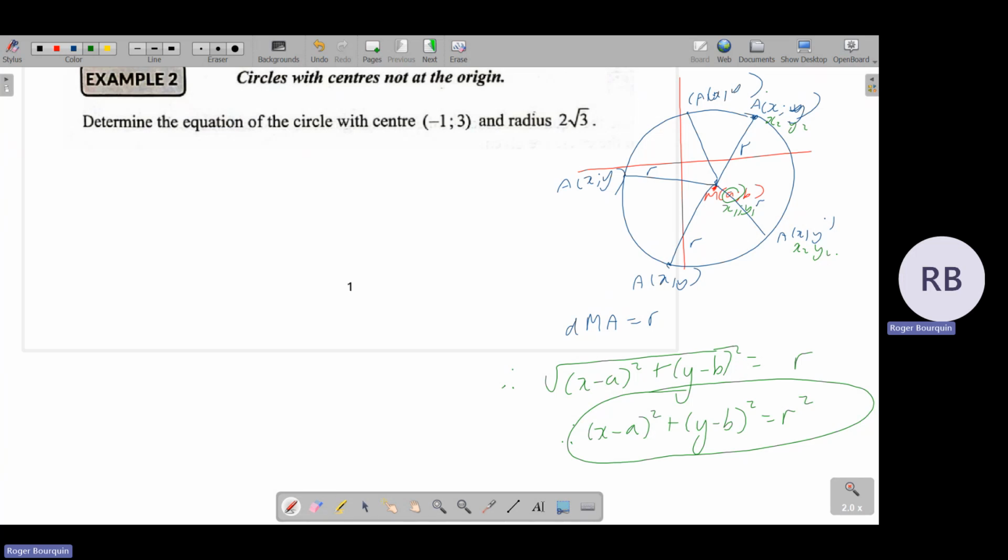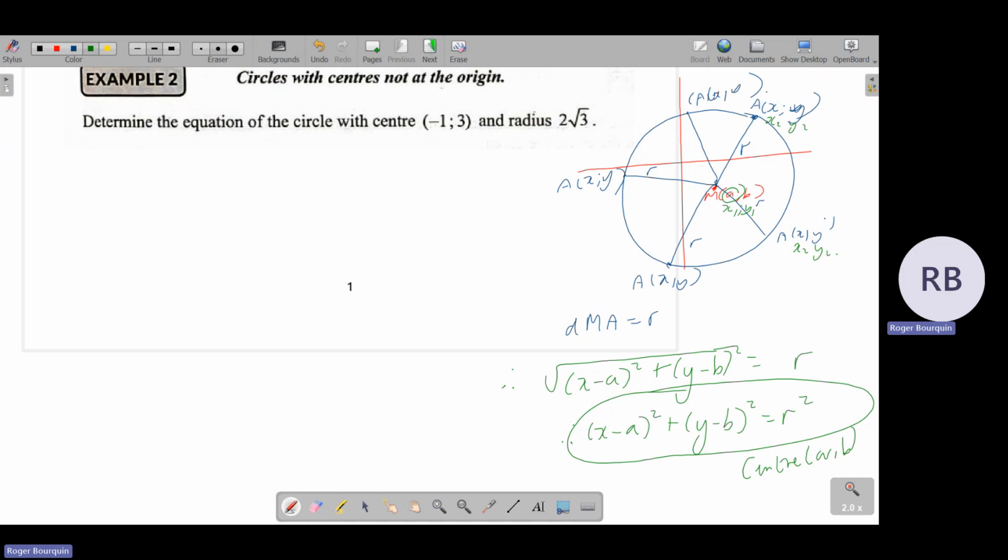The coordinates of the center, right? So with center AB, what do X and Y stand for? The X and Y coordinates of any point on the circumference. Are X and Y unique? No, there are an infinite number of X and Y values which satisfy that. Are A and B unique? Yes. Is the radius unique? Yes. So that's why you find the unique values when you find an equation.